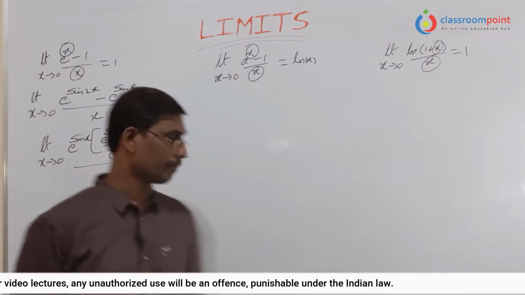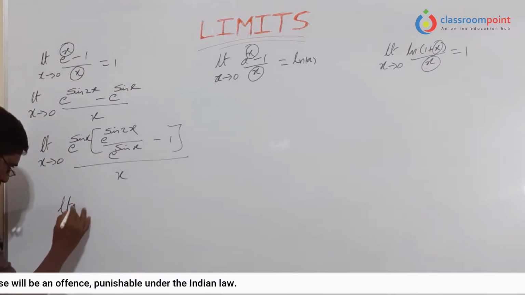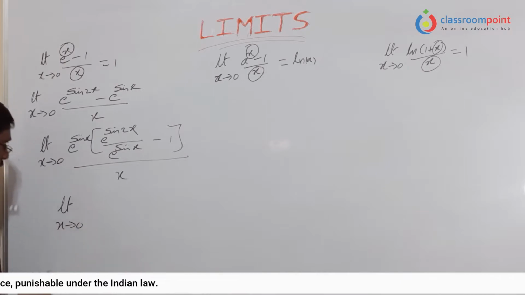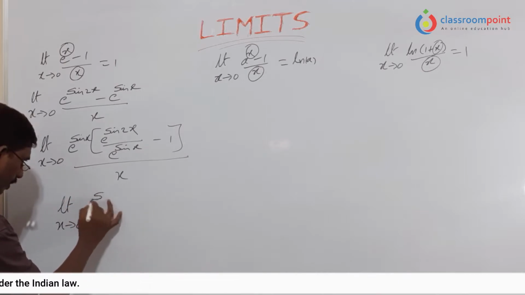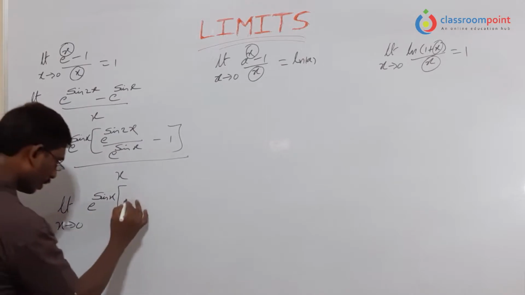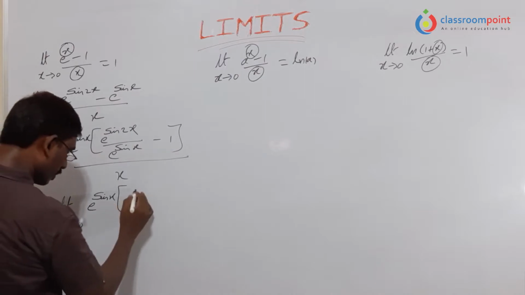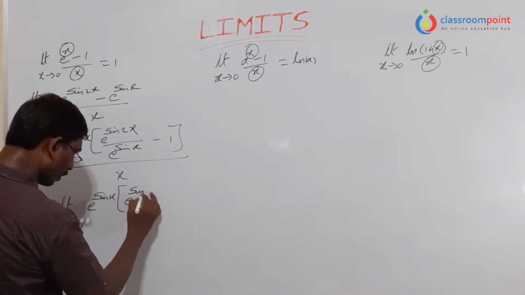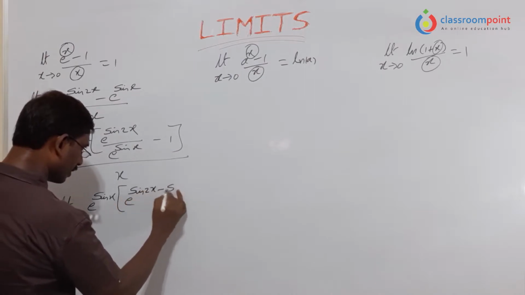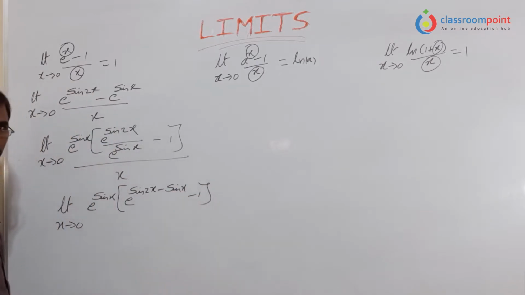Then what to do here? See, I'll do one thing. Limit x tends to 0, e^(sin x) into e power, bases are equal, so e power sin 2x minus sin x I will write here, minus 1 as it is.